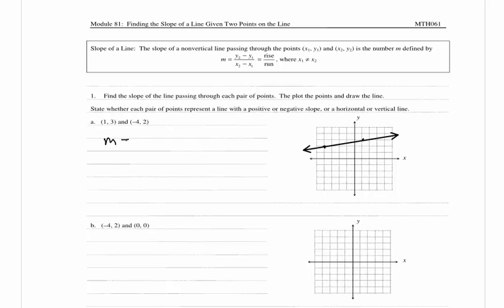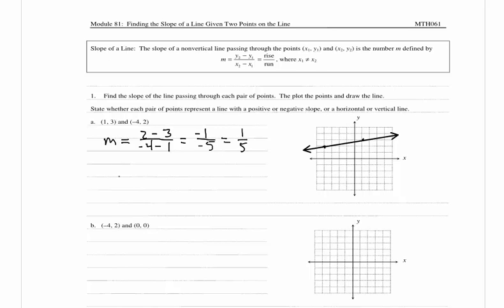m is equal to y2 minus y1 over x2 minus x1. So our y2 is 2 minus y1, which is 3, divided by x2, which is -4, minus x1, which is 1, and I get -1 over -5, which is equal to 1/5.